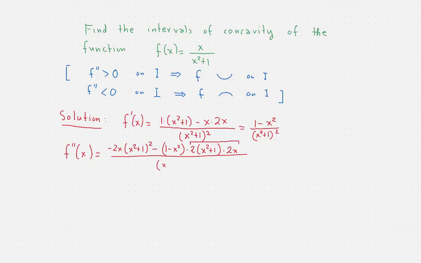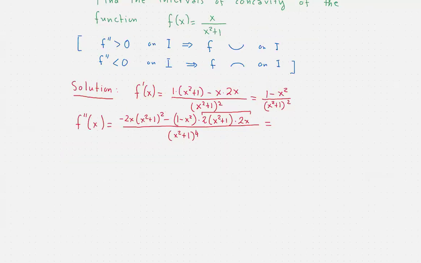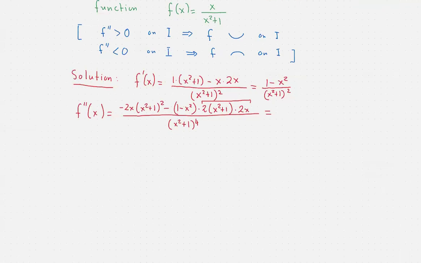So since we want to do different things with the second derivative, we should try to simplify it as much as possible. And for this reason, one might want to FOIL, but before we FOIL, we have a nice factorization, so we can pull out an x squared plus 1. So this will leave us a minus 2x times x squared plus 1 from the first summand.